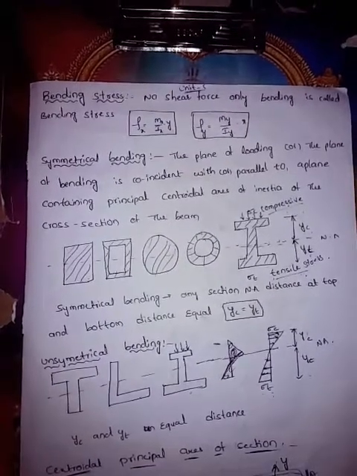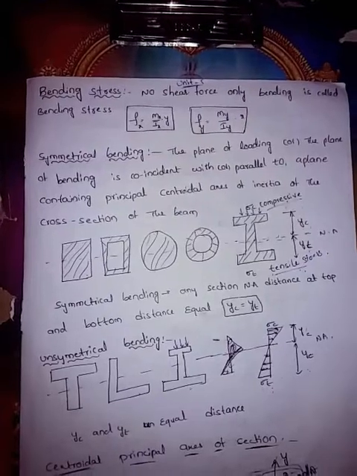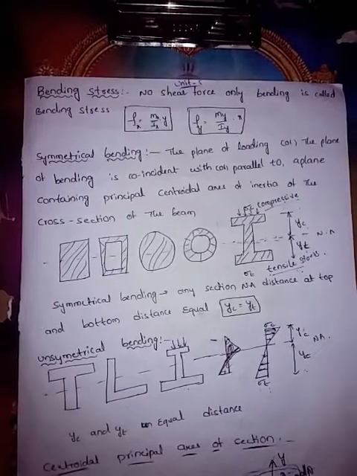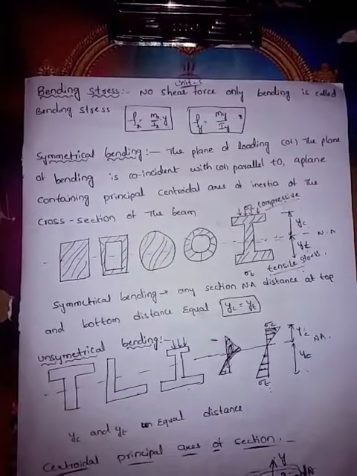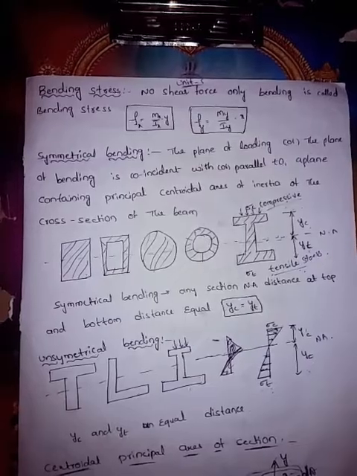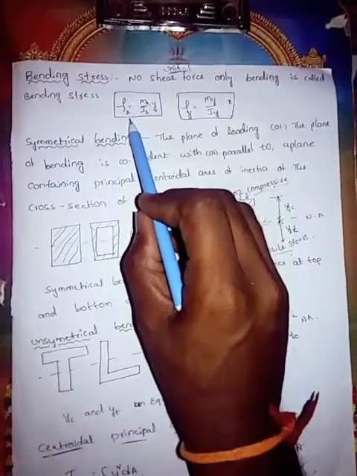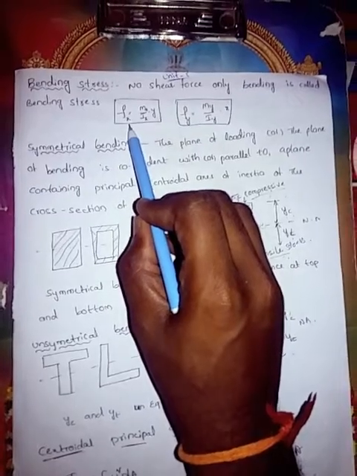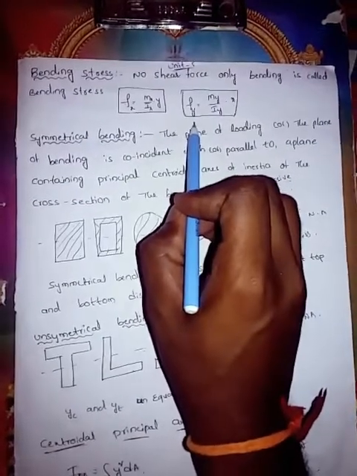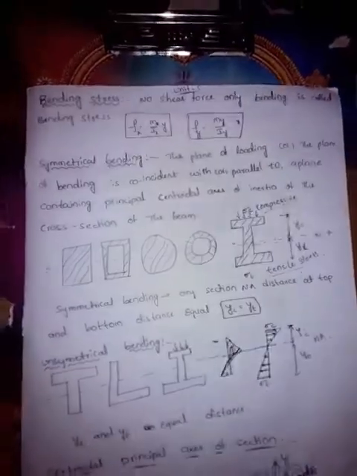Any section has two coordinates, one as the x expression and the other as the y coordinate. Here f of x is the x coordinate factor, and f of y is the y expression.